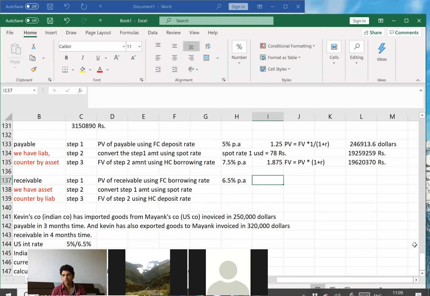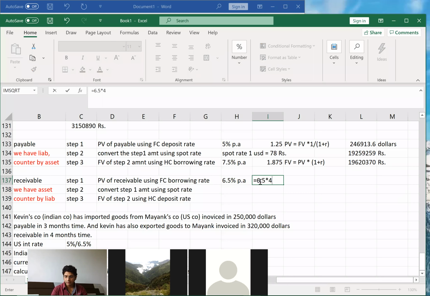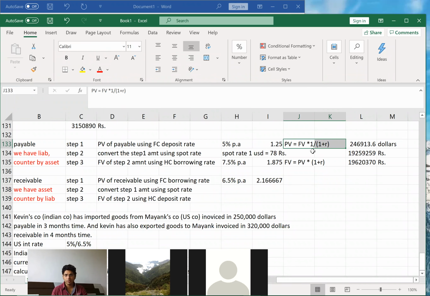Now again, don't take it for 3 months. This time I want for 4 months. So for 4 months will be 6.5 into 4 by 12, that is 2.166. Okay. Present value formula remains same.